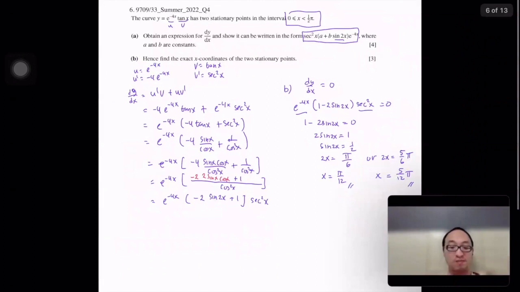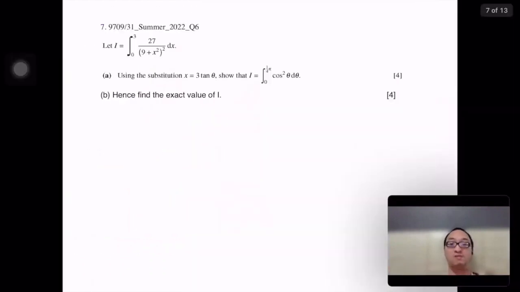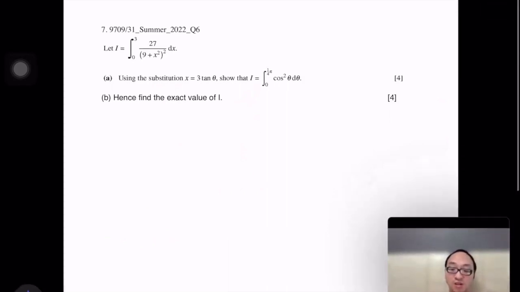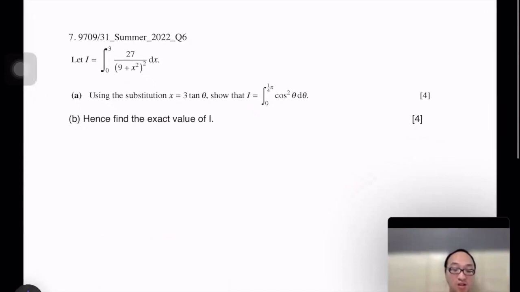Okay, number 7. Let I equal the integral from 0 to 3 of 27 over 9 plus x squared dx. Using the substitution, show that I equals that.